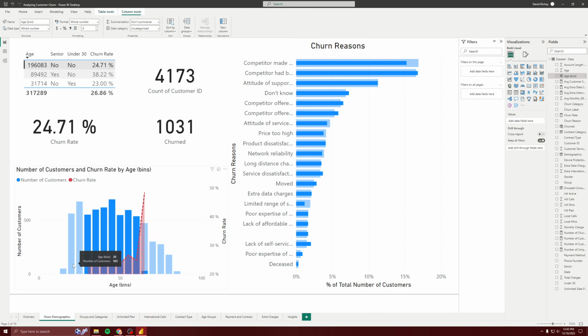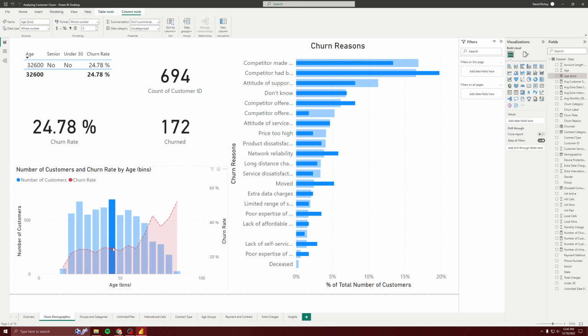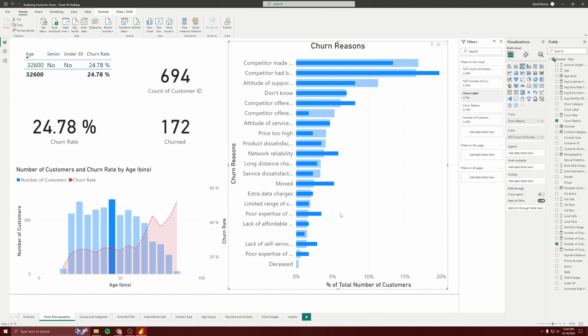The bins are split up every 5 years, but the highest number of customers is in the age bin of 45, which has 694 customers, and the average or median churn rate is 24%. So it's churn reasons, just like in the overview page.